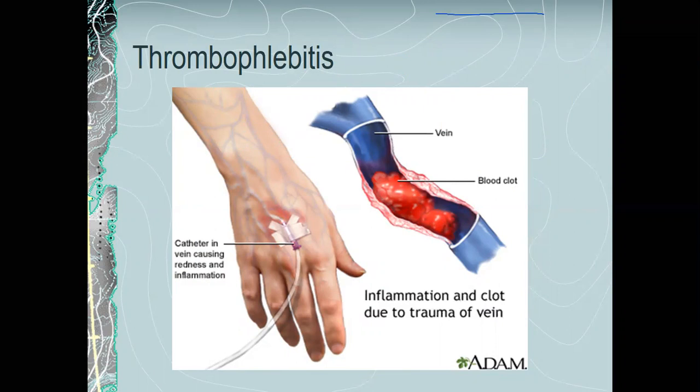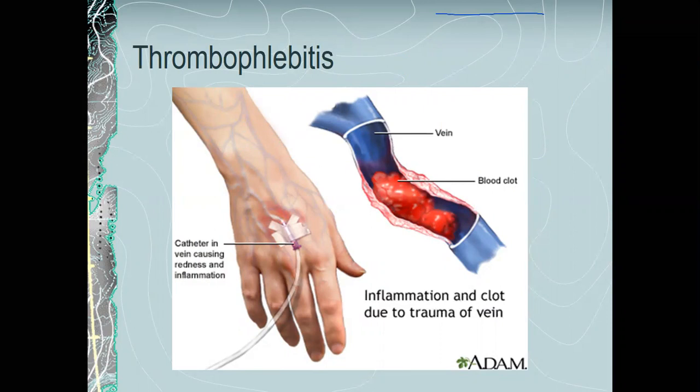You can apply a warm compress as ordered by your healthcare provider, and then the IV would need to be restarted in another location. With thrombophlebitis, make sure that you do not rub or massage the affected area, because you could dislodge that clot and cause a pulmonary embolism.